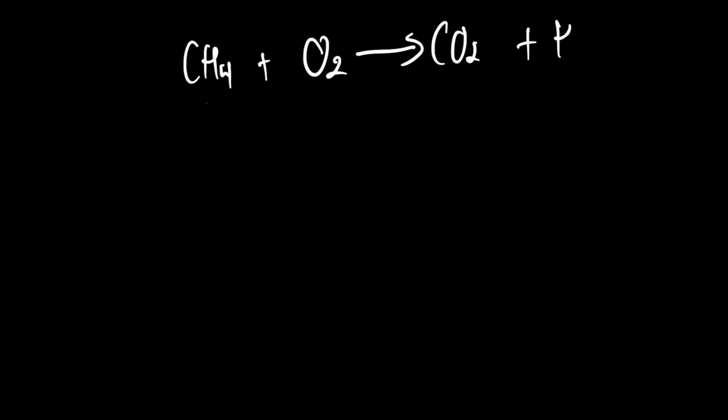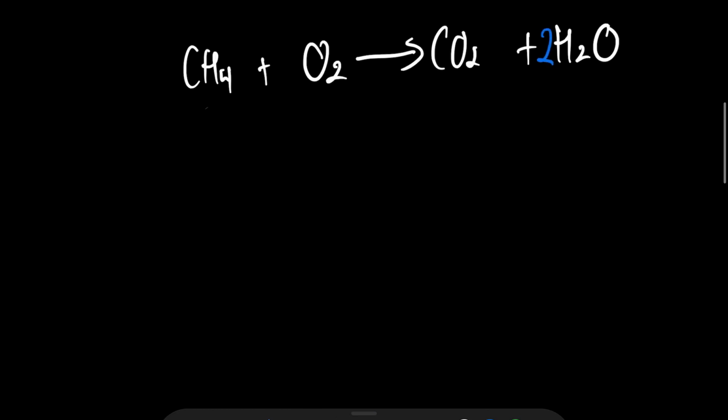Now, relating these concepts to a more familiar situation in chemistry, such as a complete combustion of an organic compound, such as methane, plus O2 gives CO2 and H2O. Now balancing these out, there's a 2 here and a 2.